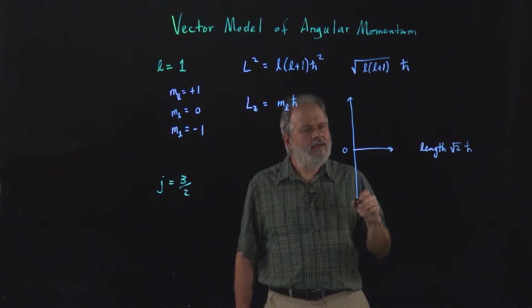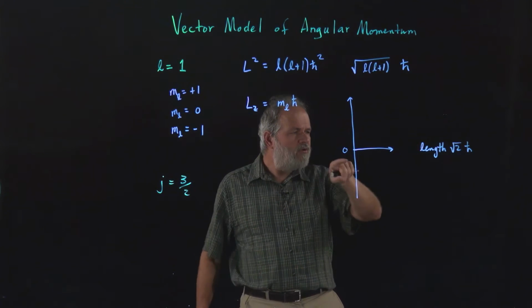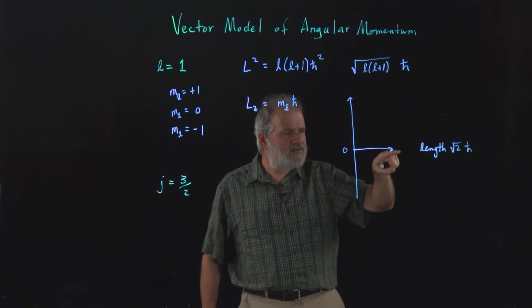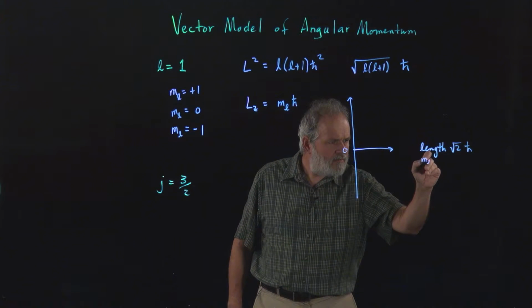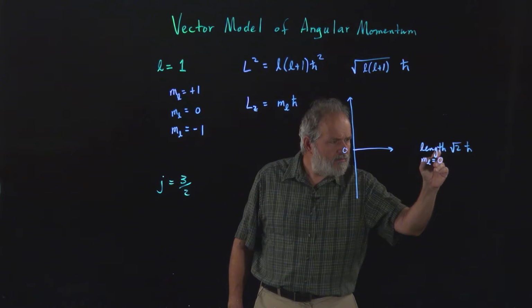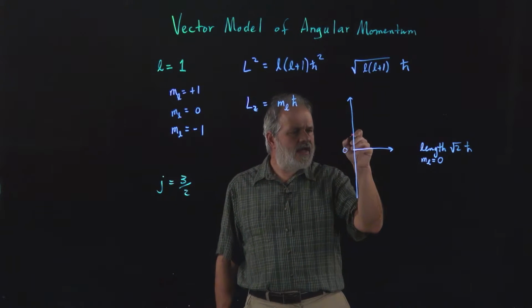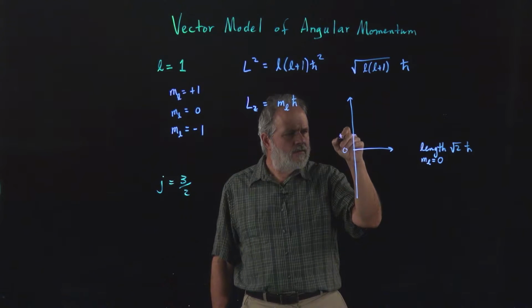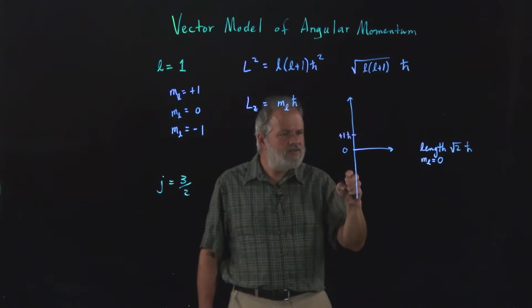Okay, and one of the z components is 0, which means the angular momentum is pointing to this side. So this is the one with m sub l equals 0. All right. Now the other component is one that has a plus 1 h bar z component. And so how do you do that?